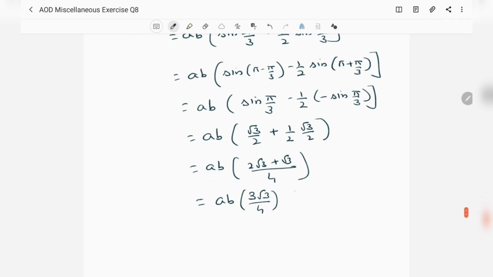So the maximum area is 3 root 3 by 4 AB square units, is equal to 3 root 3 by 4 AB square units. So this will be your final answer.